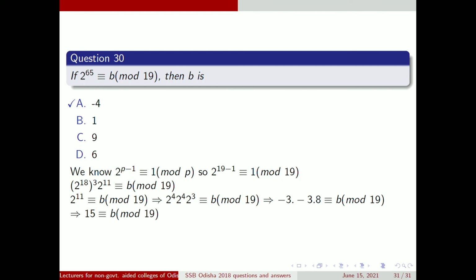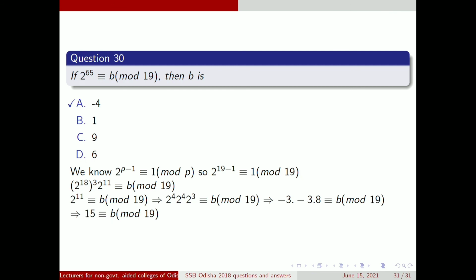So 2 to the power 19 minus 1 is congruent to 1 mod 19, or 2 to the power 18 is congruent to 1 mod 19, and given that 2 to the power 65, now break 65 as (2 to the power 18) whole to the power 3 into 2 to the power 11, that is congruent to b mod 19. As 2 to the power 18 is congruent to 1 mod 19, so (2 to the power 18) whole to the power 3 is congruent to 1 mod 19.